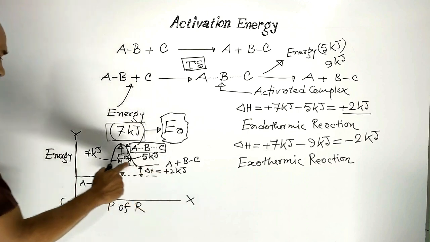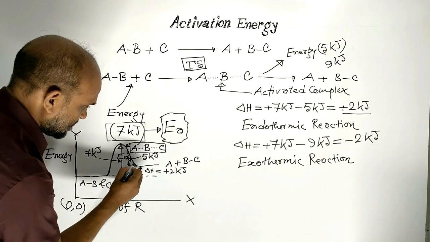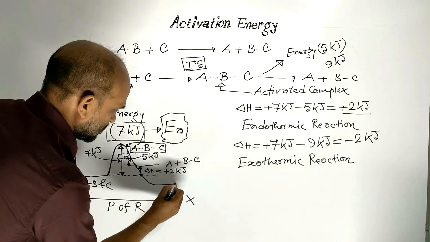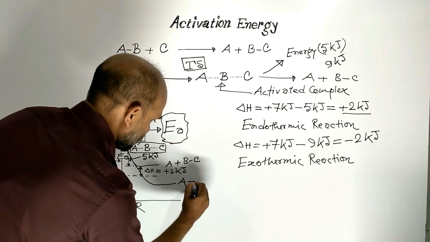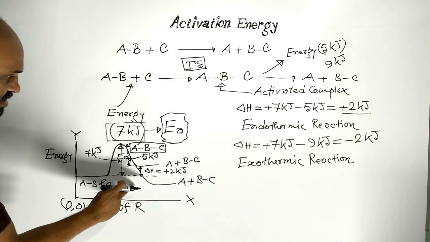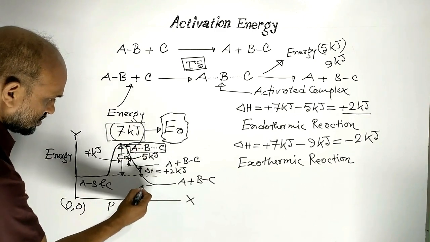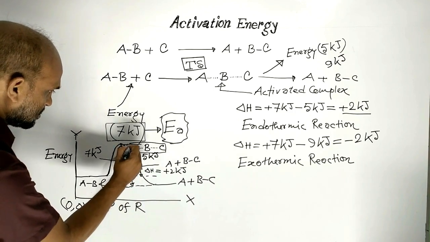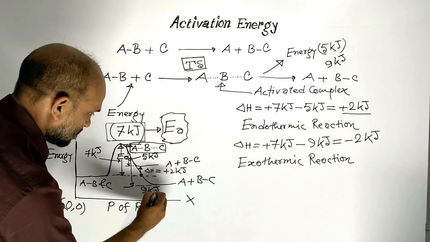But when the activated complex releases more amount of heat to form final products, then here we see that it releases more amount of heat, which is 9 kilojoule.